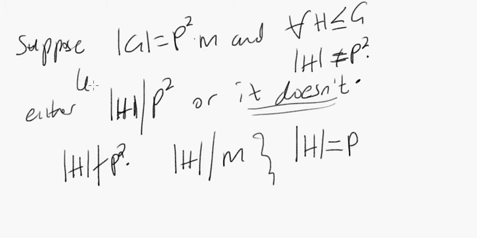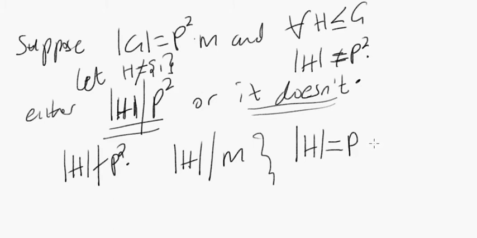So let's say that h is not the identity subgroup. H does not equal the identity. If we suppose that the order of h divides p squared, and the order of h, oh, actually equals p. Wow.